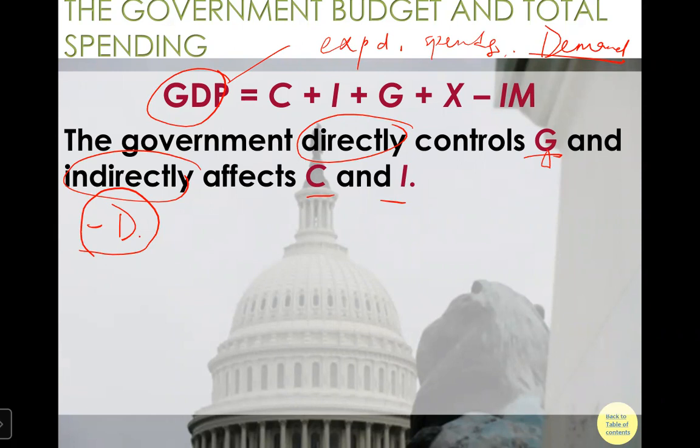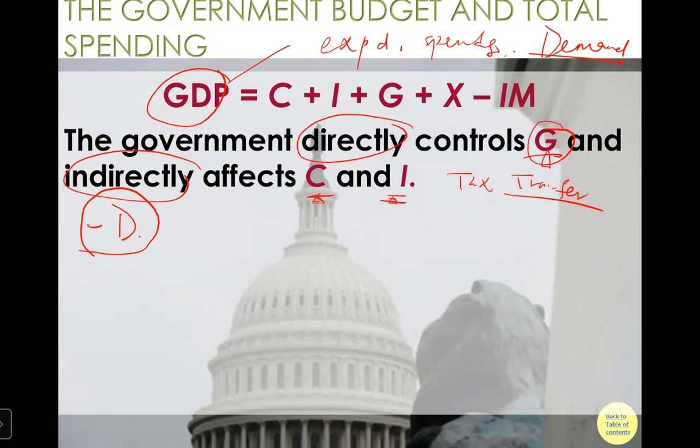So that's just G. They can also indirectly affect C and I through tax or transfer. Transfer, again, like last year, pretty much all American families received a check from the government. So that will help.